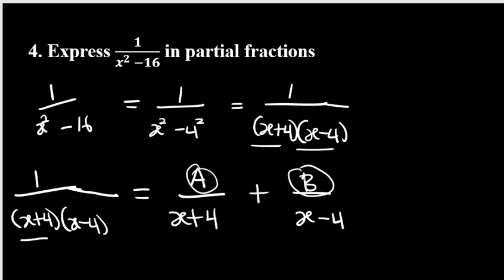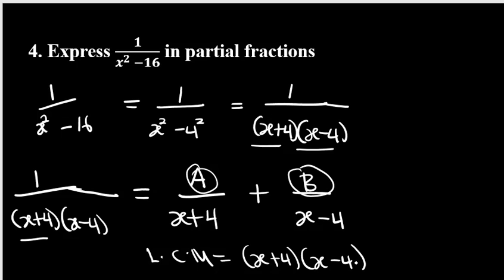So we try finding the value of these constants, that is A and B. So how are we going to find that? Now let's consider the whole of this as an equation. So let's find our LCM. We multiply through this equation by the LCM. So our LCM is going to be x plus 4, x minus 4.